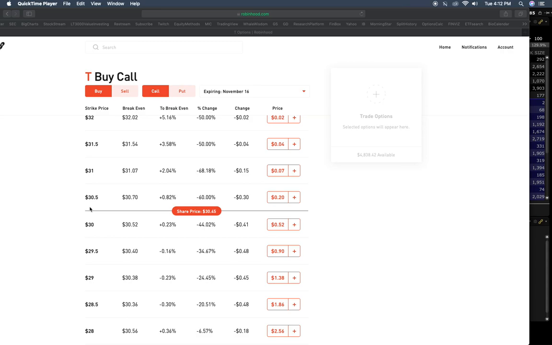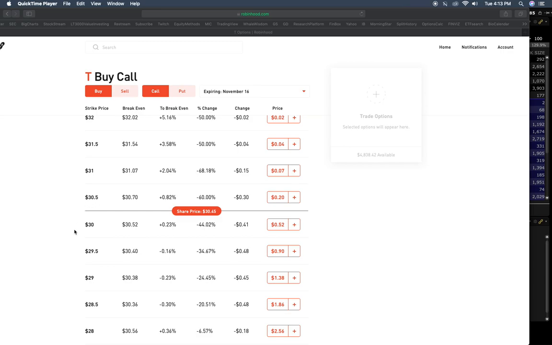Now, you purchase these contracts. These contracts have zero intrinsic value. Intrinsic value is the difference between the stock's price and the strike price. So, if the stock price is below the strike price, you have zero intrinsic value.